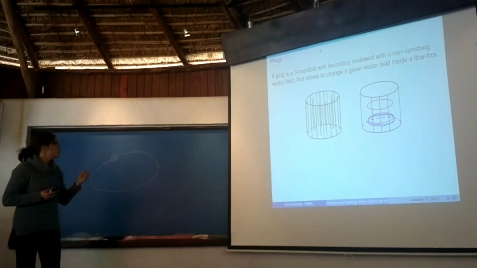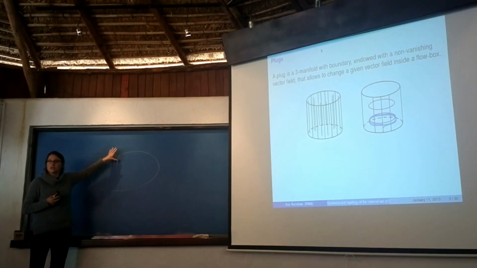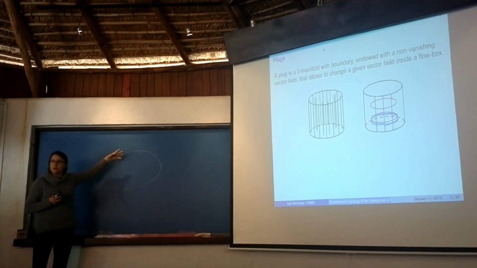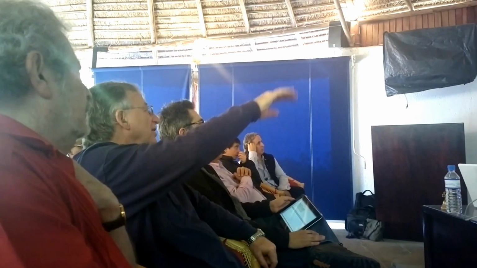So this will allow us to trap this periodic orbit, and it will stay inside the plug, it will never become periodic. Isn't it good to say you also want the vector field to be transversal to the top and the bottom? Yeah. So when I say vertical near the boundary, I also mean the top and the bottom. Also good to say.